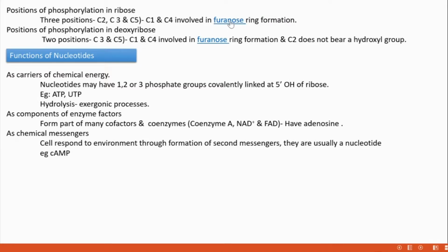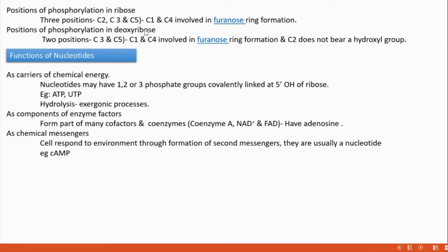A furanose ring is a ring-like structure involving five atoms. In that ring formation, C1 and C4 are very necessary, so they can't be used for phosphorylation. That's why in ribose, phosphorylation is possible at C2, C3 and C5.